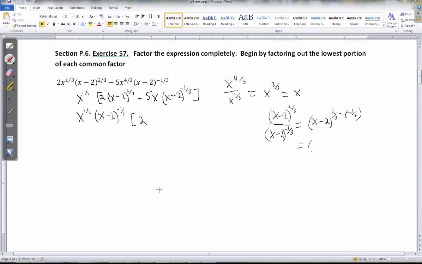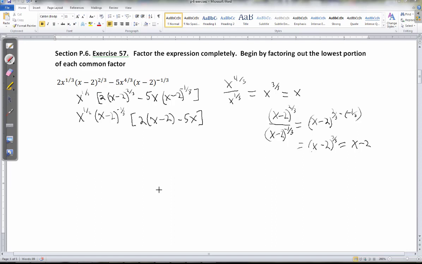So again, we will end up with three-thirds, and that will be just x minus 2 to the 1. So this is going to be x minus 2. Then I'll still have the minus 5x. And I divided out x minus 2 to the negative 1/3, so that factor will just go away completely.